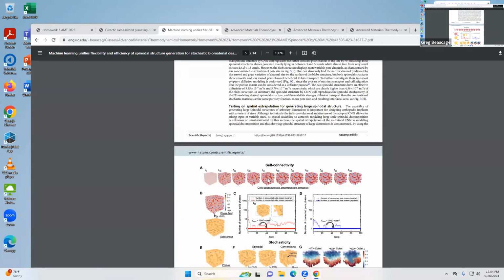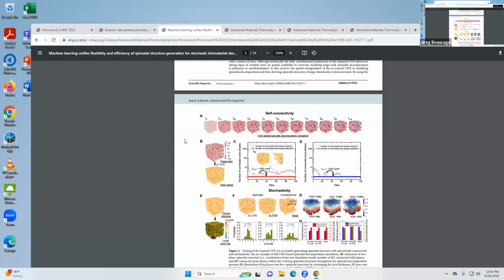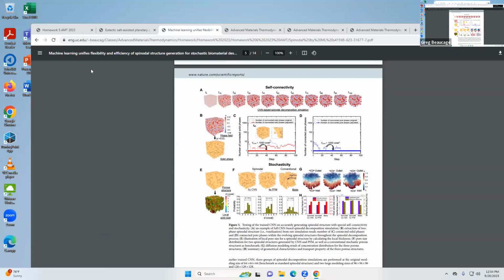But it's basically about spinodal, which is this kind of structure. You can see the pictures. There's a side subject, but the main thing from this class is the spinodal thing. Hopefully that won't lead to a disaster, like this week was.